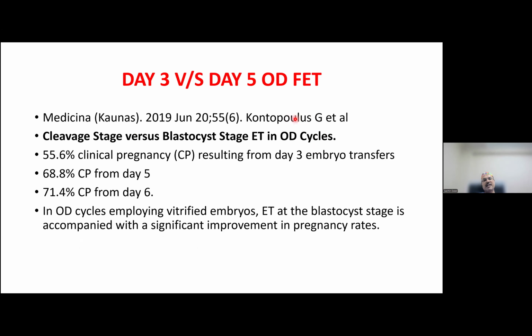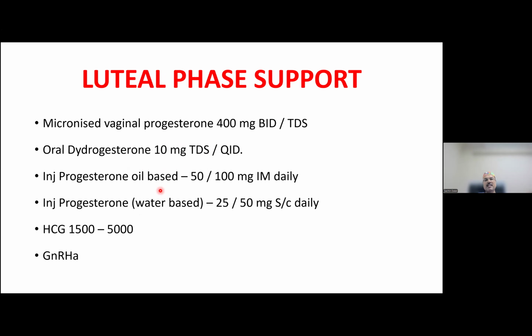And for FET cycles, where they compared cleavage versus blastocyst, they found that compared to day 3 embryos, of course, day 5 and day 6 embryos had much higher pregnancy rates. Luteal phase support, a very judicious luteal phase support, is mandatory in frozen embryo transfer because the corpus luteum is deficient or not there.